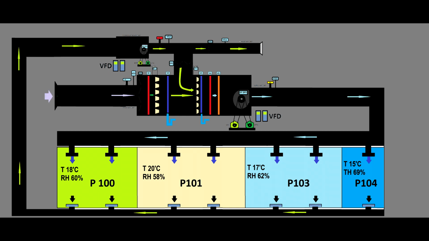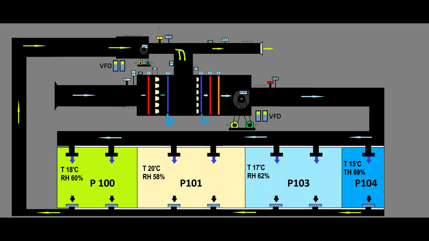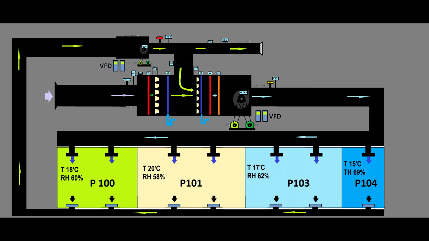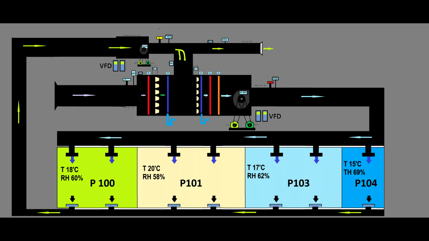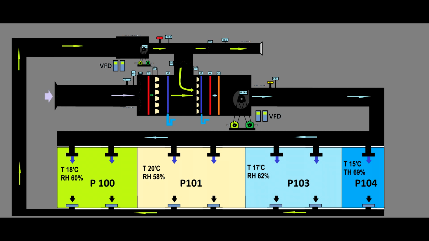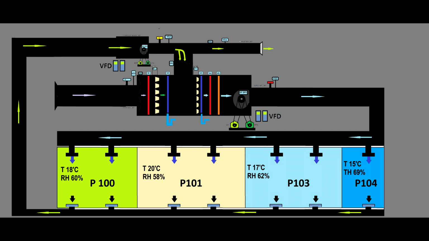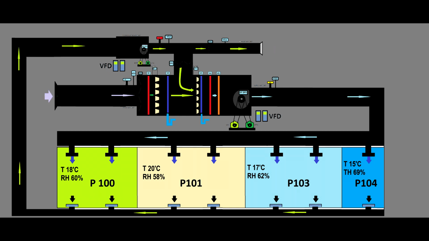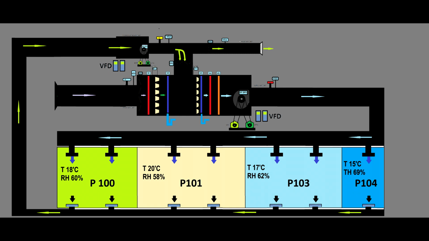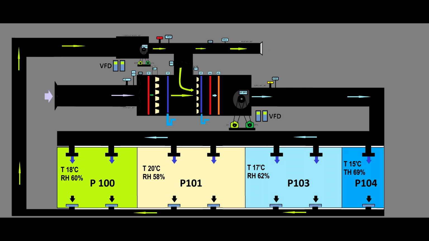It's almost impossible. You can only choose the middle point to satisfy the rooms which are reaching the higher and the lower alarm set points, and this is a very bad design. Also, you cannot play with air volume, because you have to control air change rates and the pressure cascade.